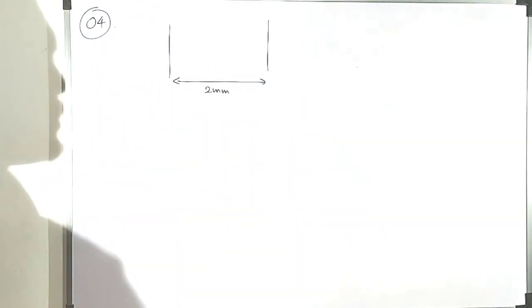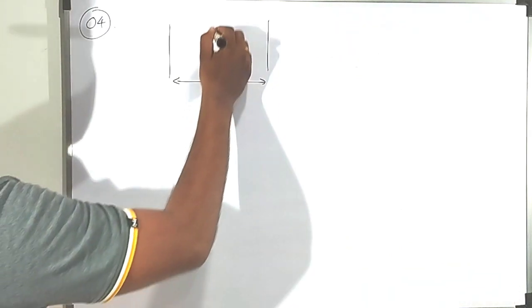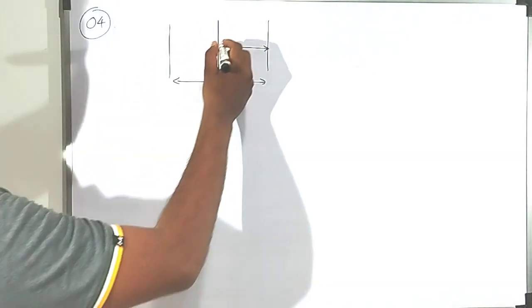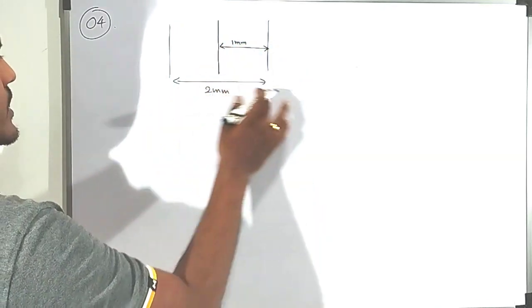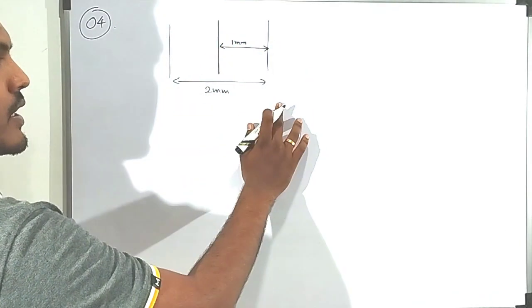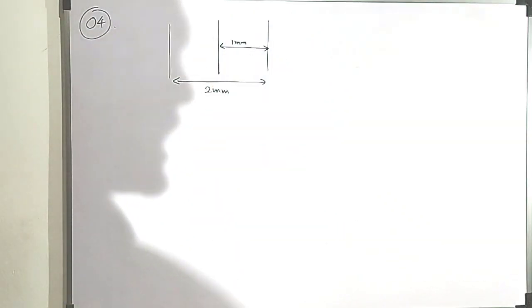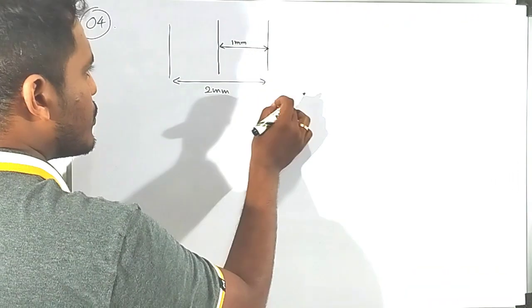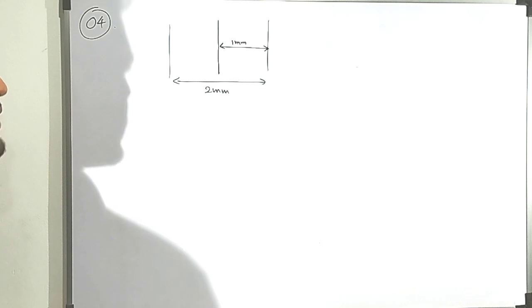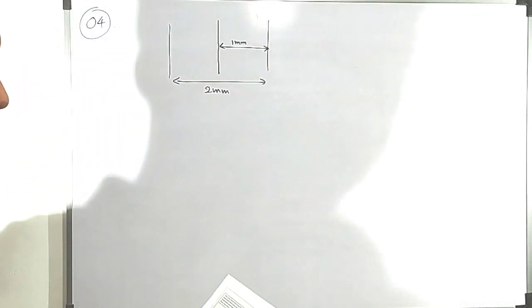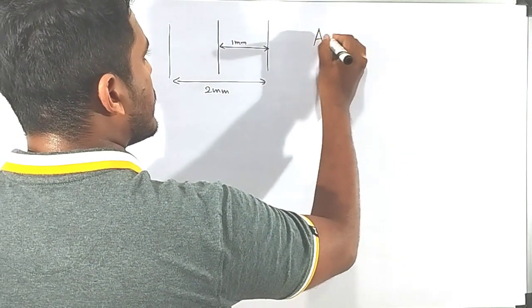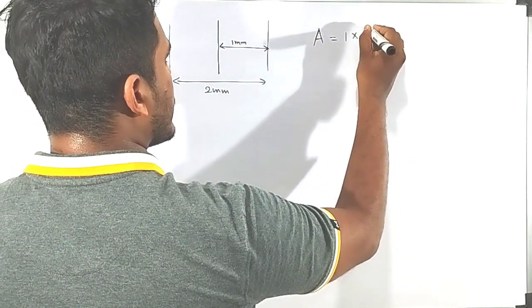The motion occurs in between 2 millimeters, so the total distance is 2 millimeters. Then the amplitude will be half of the total distance, which is 1 millimeter. Then amplitude equals 1 into 10 to the power minus 3 meters.